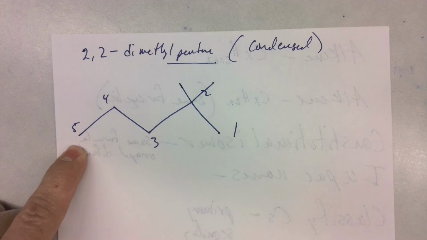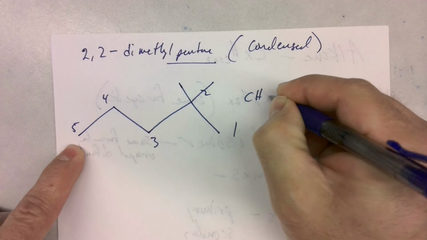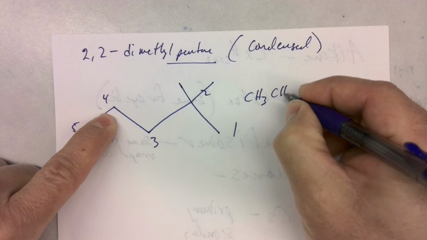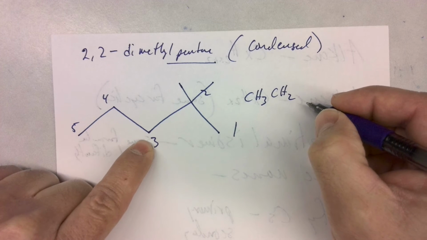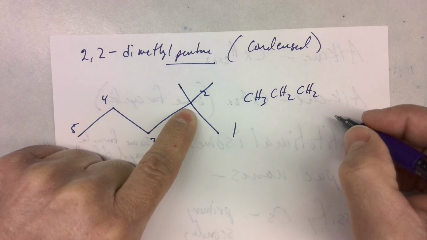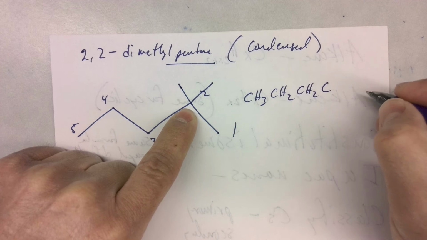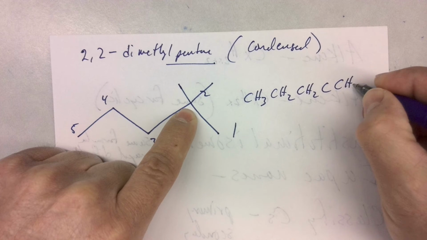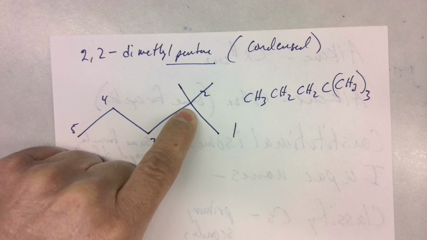What would this be if I were to just write it in C's and H's? CH3. So I got CH3. What's this one going to be? CH2. What's this one going to be? CH2. Okay. What's that going to be? Just a C. And then I've got 1, 2, 3 CH3s like that.